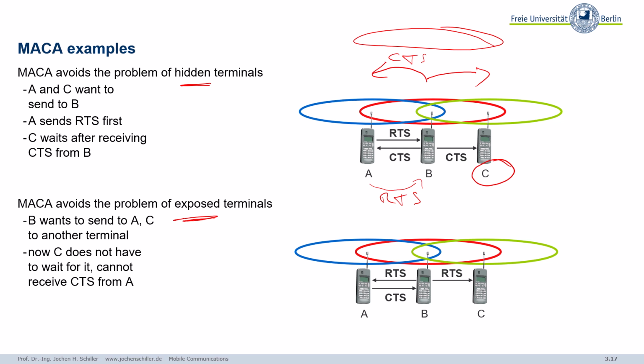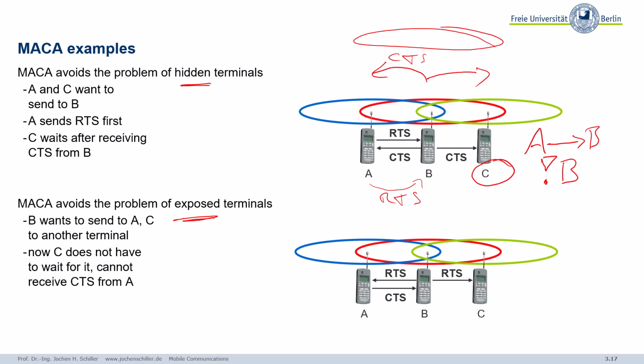C learns, and that's what we learn out of the CTS: some A, never heard of, but some A wants to send something to B. I'm outside the transmission range of A, but I learn that I'm within the transmission range of B, assuming symmetric links.